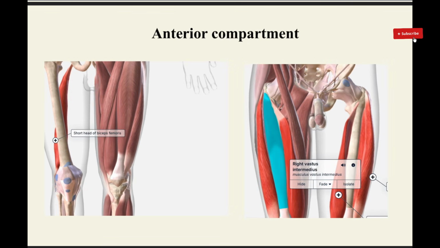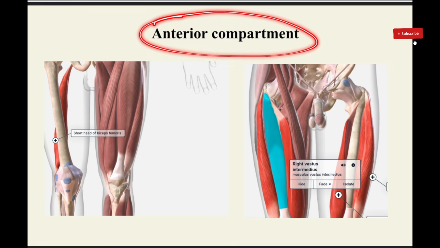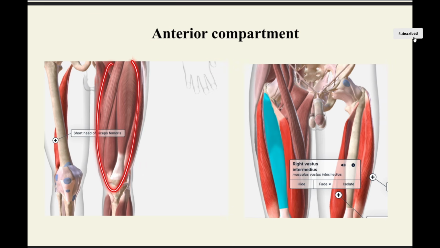Now we will discuss the anterior compartment of the thigh, because we have to talk about the musculature around your knee joint. These muscles come from above and insert around the knee joint area.